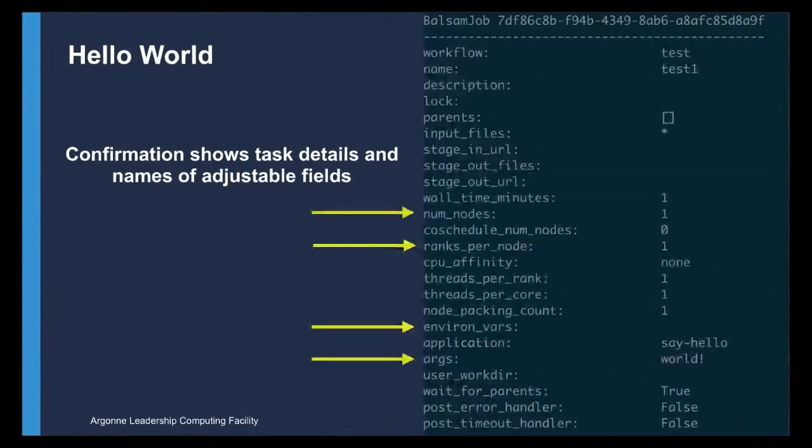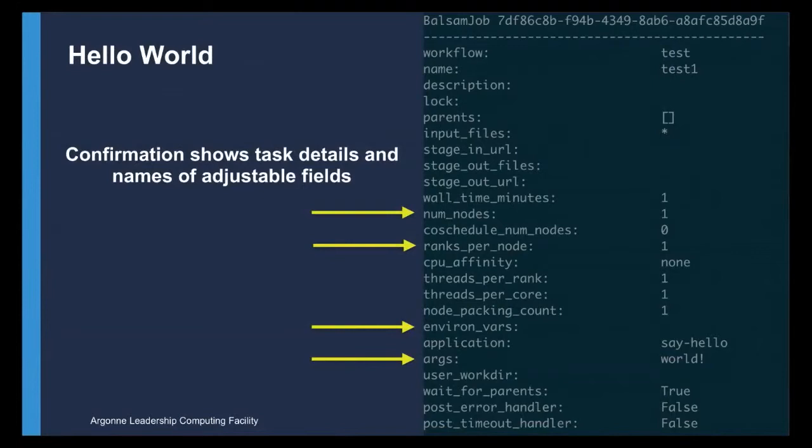But if you have dependencies in your workflow, before any job runs, in the stage in transition, Balsam is going to look at that job, identify all of its parents, and then find any files matching any wildcards. Input files is just a white space separated list of file wildcards, and it's going to symlink those into the child working directory.